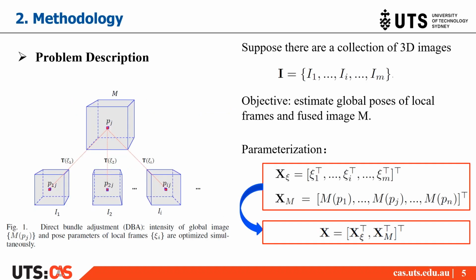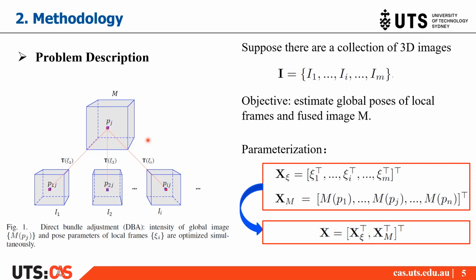The figure on the left illustrates a scenario in which there are m frames of 3D images, and each image captures only a portion of the actual scene. Our objective is to obtain global poses of local frames and the fused image m.